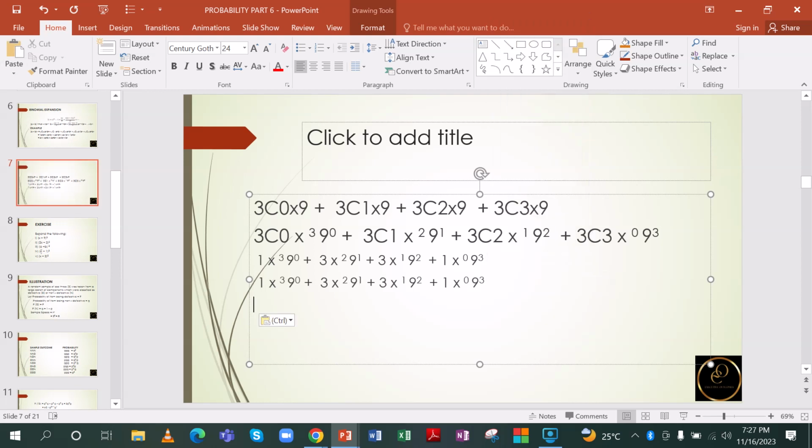Simplify this one. It means that this one won't change anything, because any number raised to power 0 is 1.